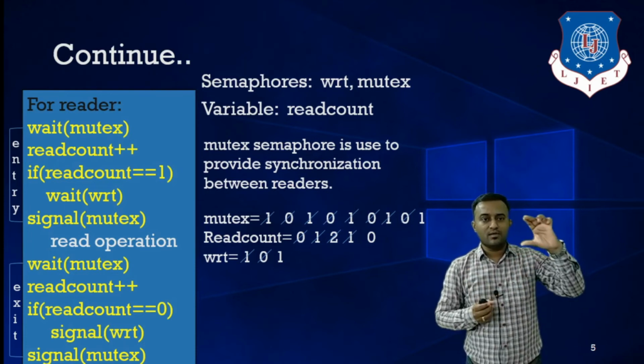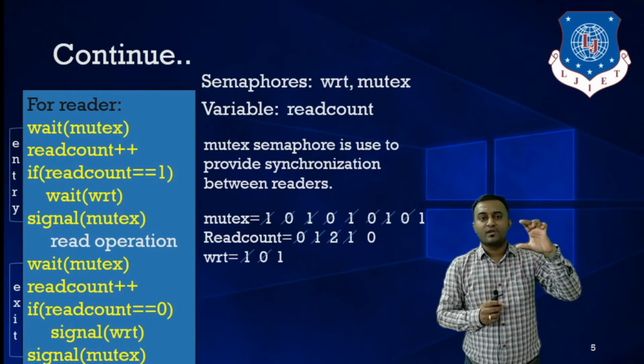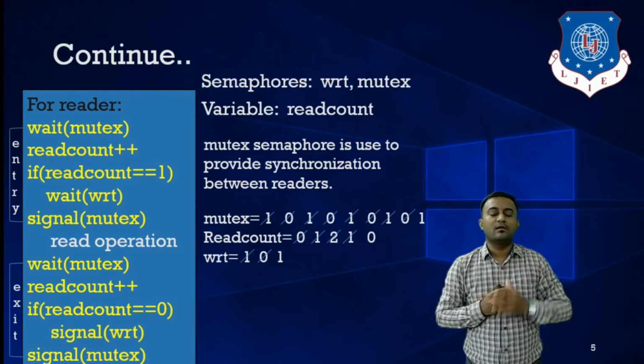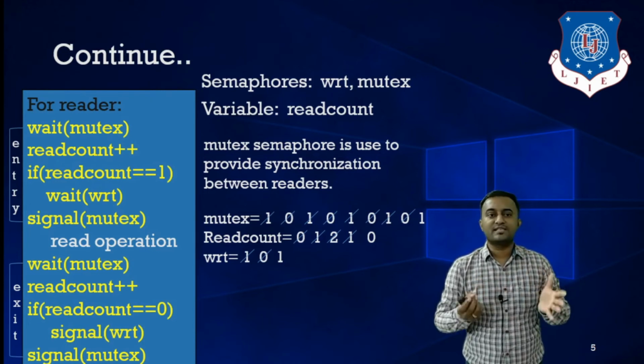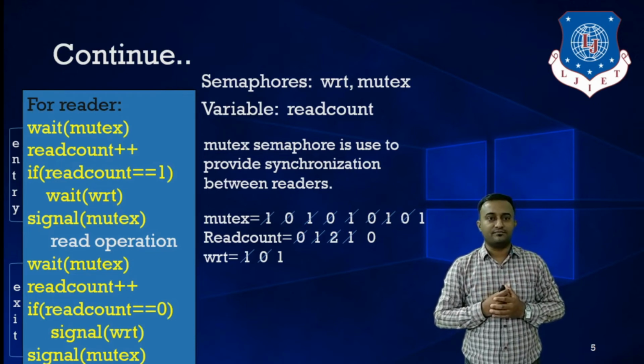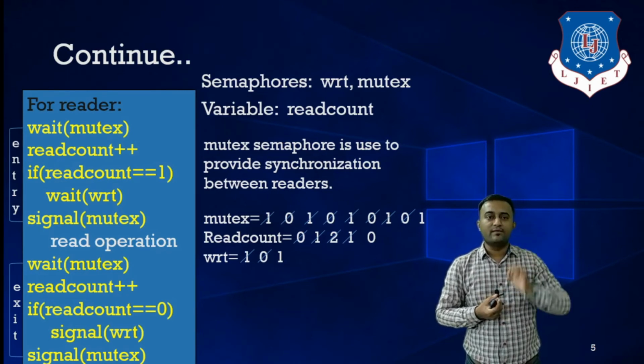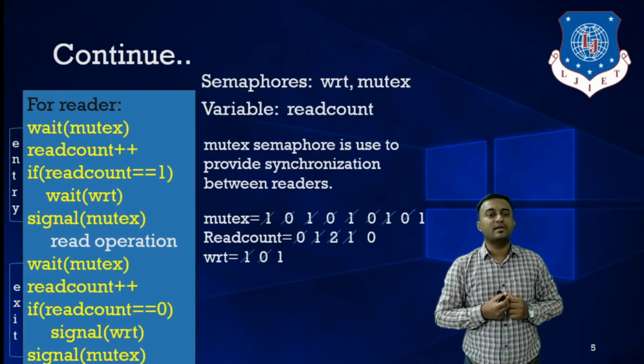This provides security, so that a writer process cannot enter into the critical section when a reader has already entered. So at entry level, this wait and signal will give the security.